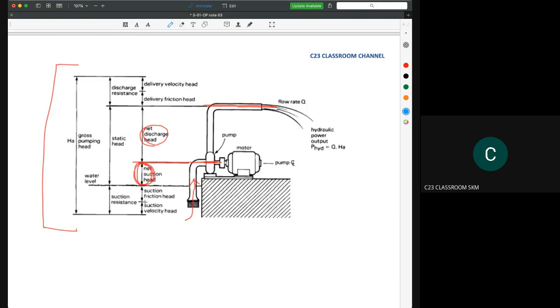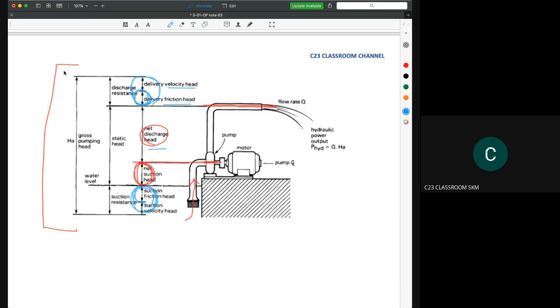So we have friction in the suction area, and this is the friction of the delivery area. Now we have the delivery velocity head, we have the friction head, and we have the discharge.